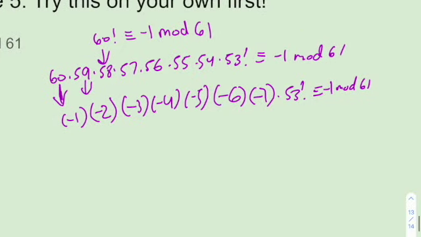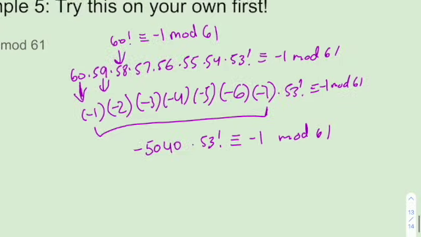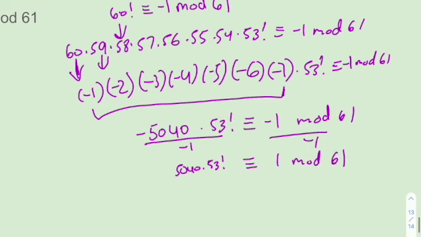So if we multiply this whole thing together, we will get -5040 times 53 factorial is equal to -1 mod 61. So similarly, I would just divide it by -1 on both sides, and I'll have 5040 times 53 factorial is congruent to 1 mod 61.